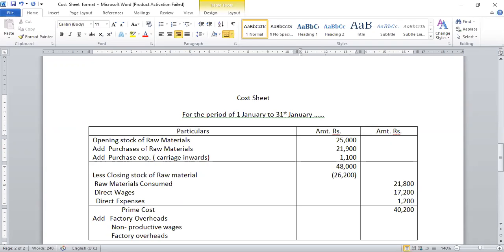So make the total of these two in the inner column, 800 and 8,300. The total will be 9,100. These we are going to add in the prime cost.